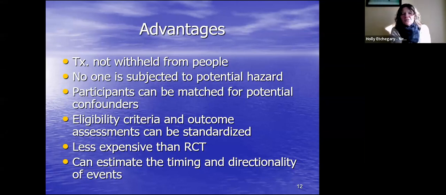All right, so in a cohort study, those are advantages. The other thing is you can, in particular, match participants for potential confounds. And we'll talk about that shortly in a little bit more detail. But let's say we were studying, as I gave the example earlier, the women using video display terminals and pregnancy outcomes. I'm sure there are many other things that influence pregnancy outcomes. I'm just looking at one particular thing, the use of the video display terminals.